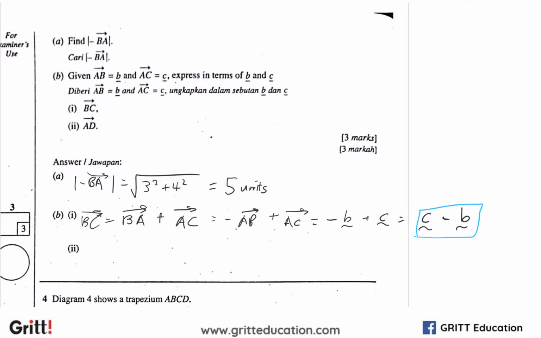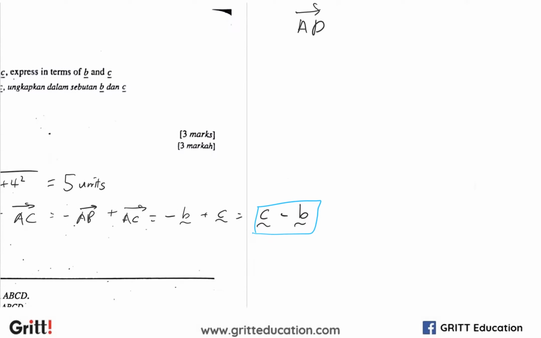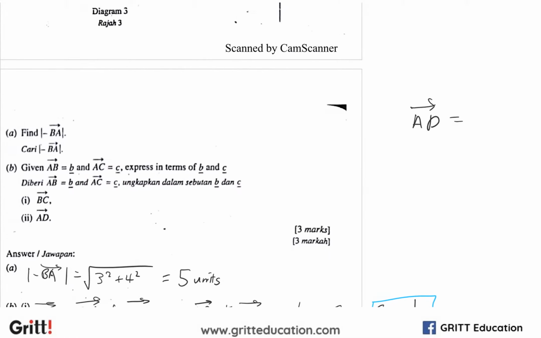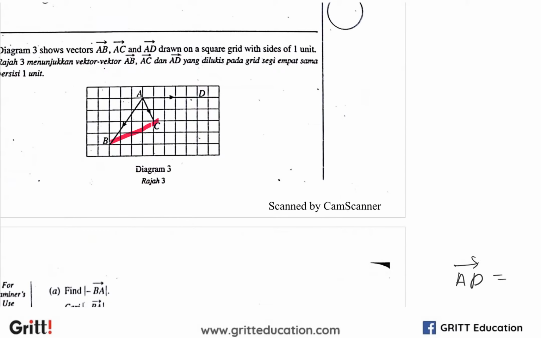Alright, how about the second one? The second one I'm going to use a different space. Now you want to look for AD. The way you want to look for AD is that, again, you have to look through the graph.